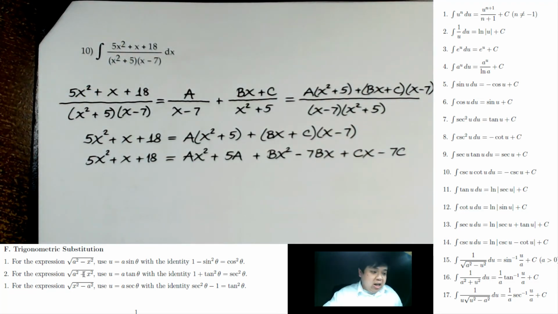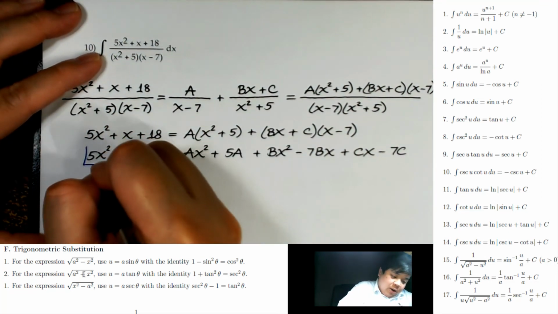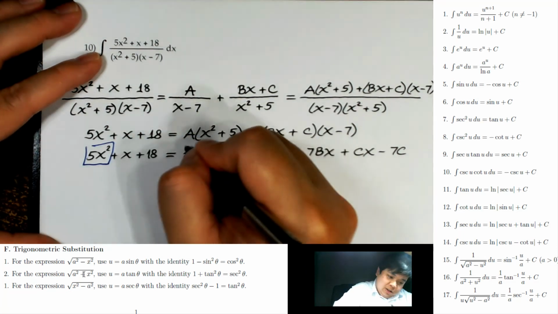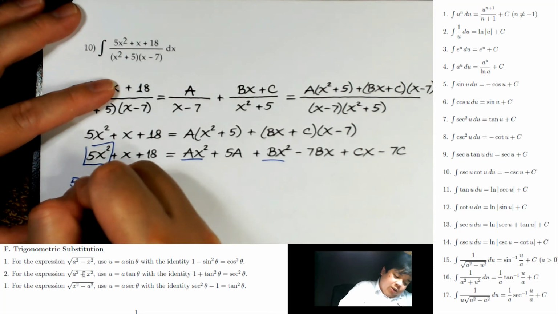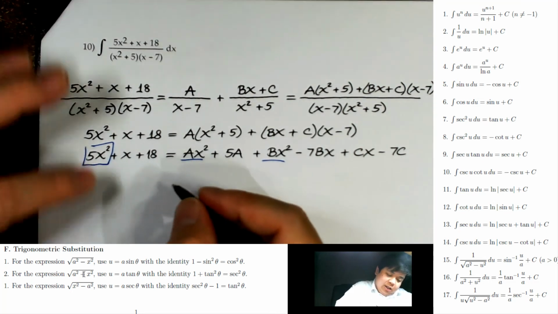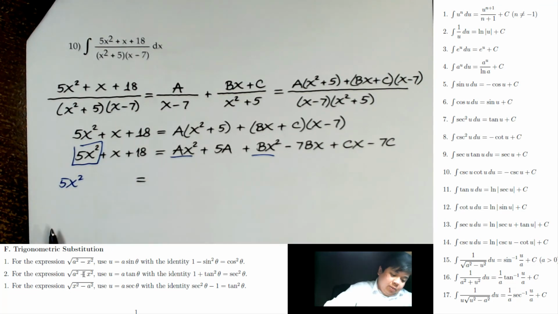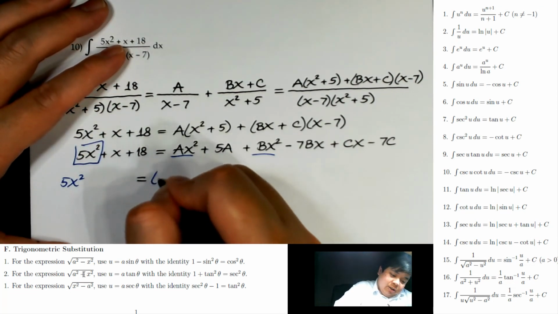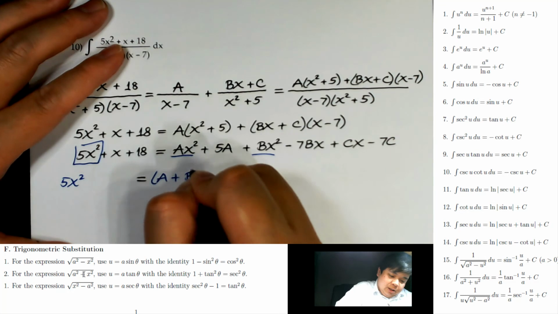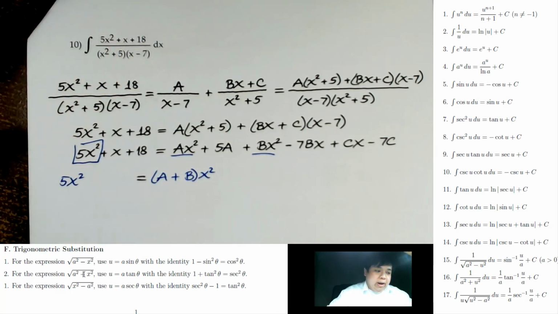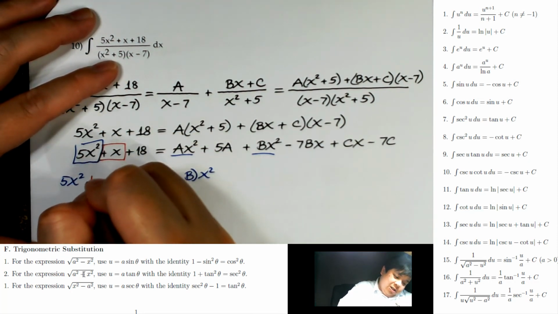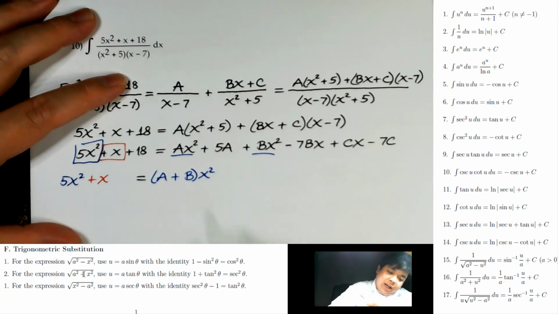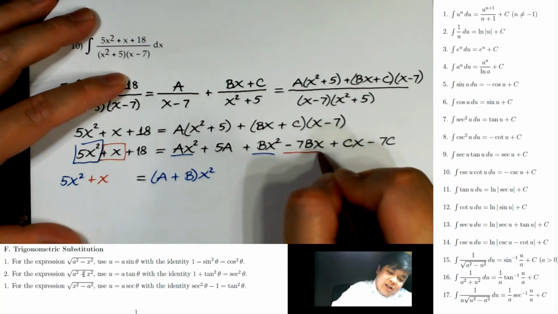First we look at all the second power terms, which will be this and this. So we have 5x squared on this side. We can factor out the x squared. Next, looking for the x, we have an x here and an x here.